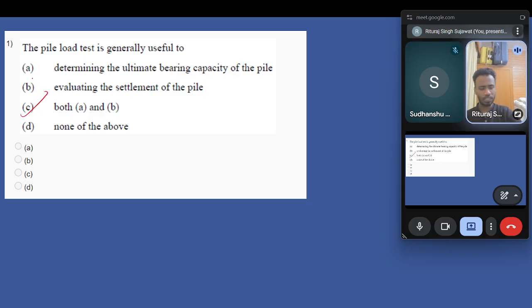So both option A and B are correct. We can use the pile load test for both cases. Then let's move to question number two.